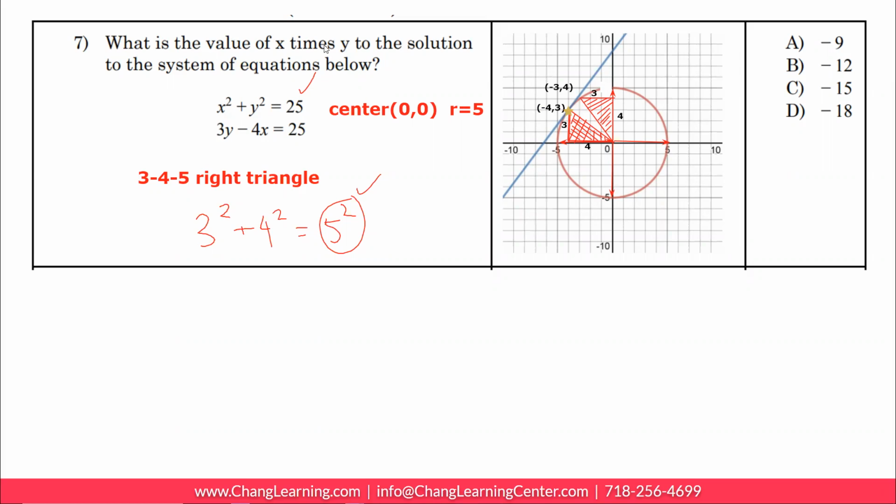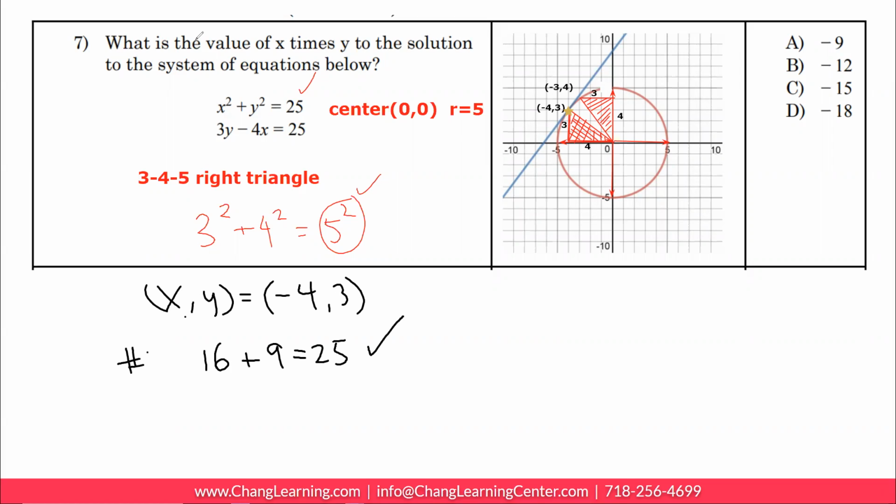And sure enough, if we plug them into both formulas, we'll have x, y as -4, 3. We have -4 squared, which is 16, plus 9 equals 25. So it's good for equation number 1.